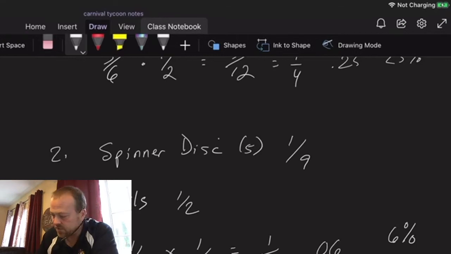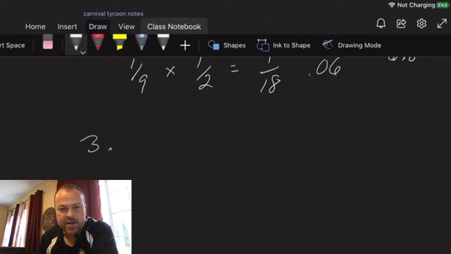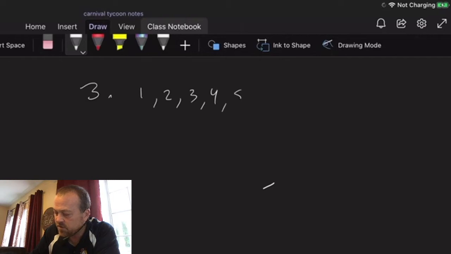And our third example would be the spinner disc again, this time giving us odd numbers on the spinner disc. Okay, we've got 1 through 9 on the spinner disc. So let's see, 1, 2, 3, 4, 5, 6, 7, 8, and 9.